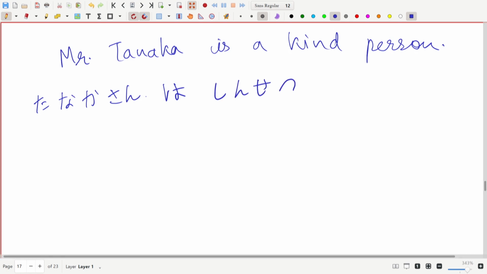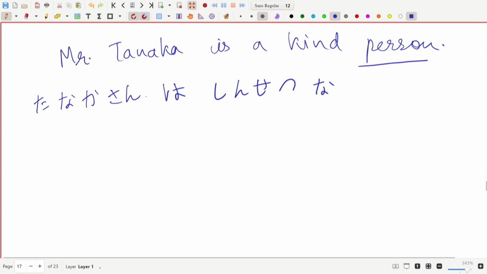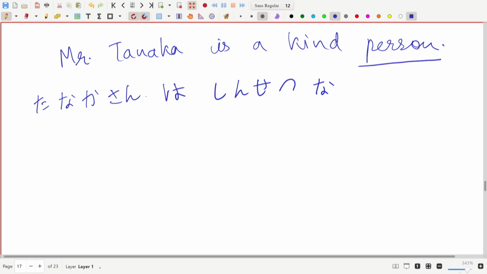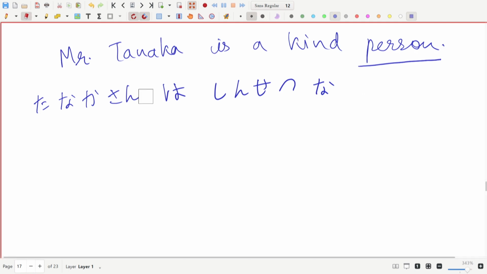Since it is a na type adjective, we need to put na if it is coming before an object. So shinsetsu na person is hito. So we will write shinsetsu na hito desu.